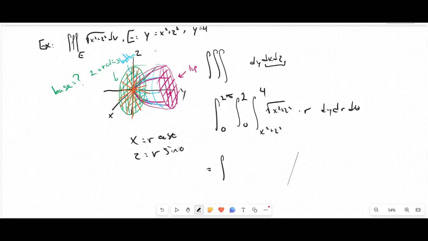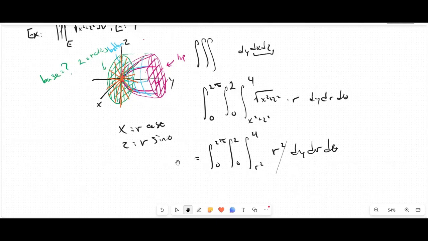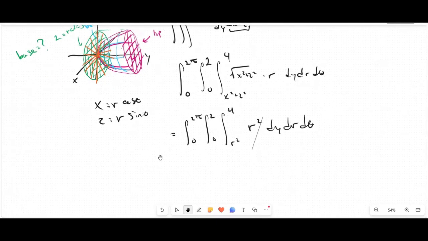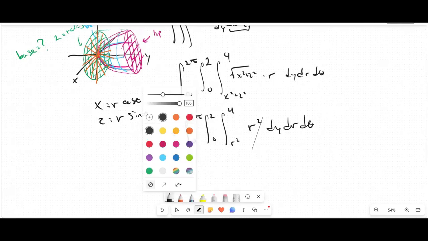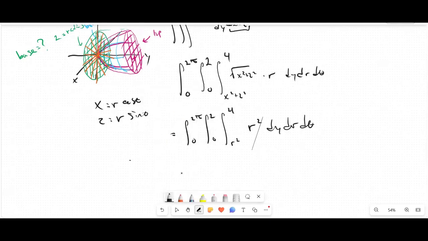Continuing, 0 to 2 pi, 0 to 2. I don't want x squared and z squared. I want to express it in r, where r squared is x squared plus z squared, and this right here is r. So my whole integrand now is r squared, with dy dr d theta. And let's just get this guy done. First, I'm integrating in y.